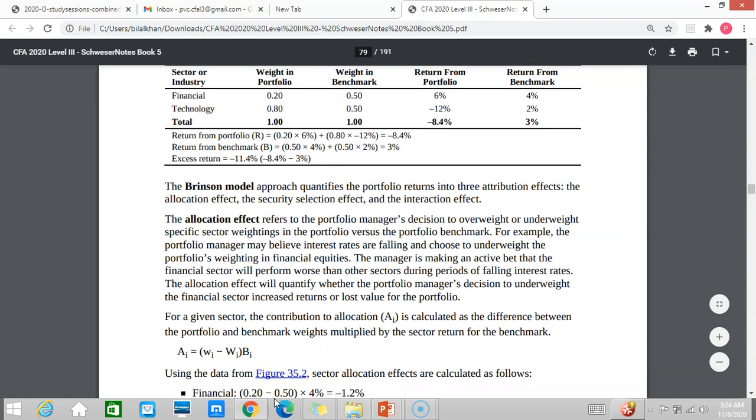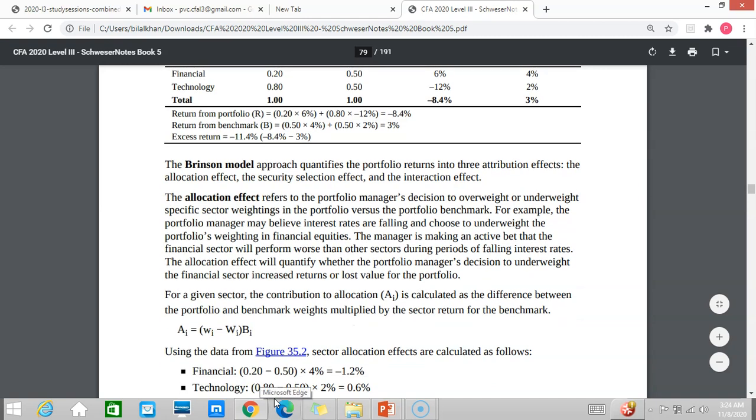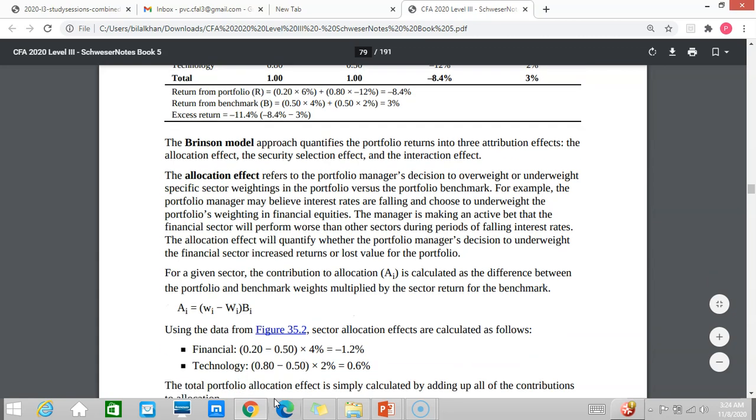Multiplied by 4, this gives you minus 1.2%. That means minus 1.2% of your performance is from underweighting your financial sector compared to the benchmark. Then the same for technology, 0.8 minus 0.5 multiplied by 2%, gives 0.6. That means plus 0.6% is due to you overweighting technology.